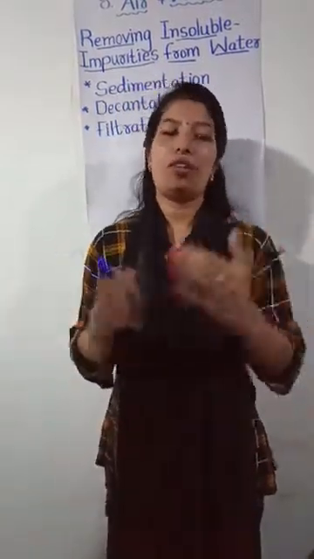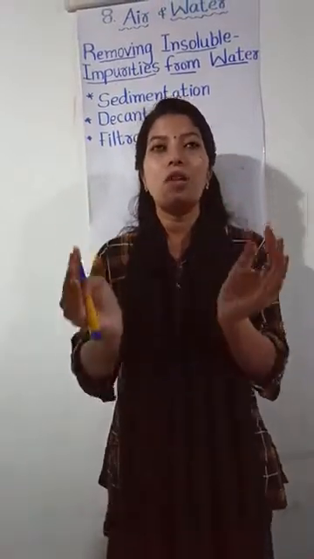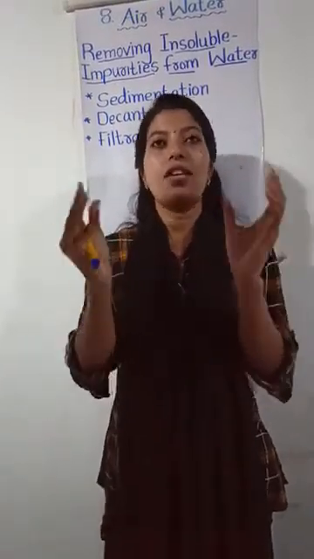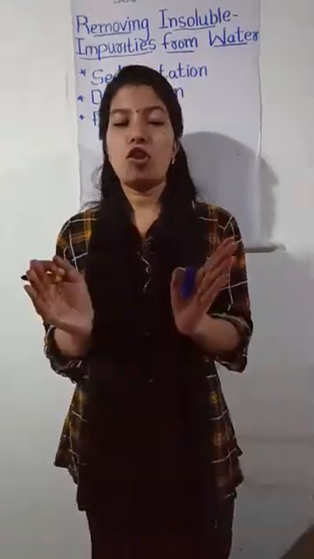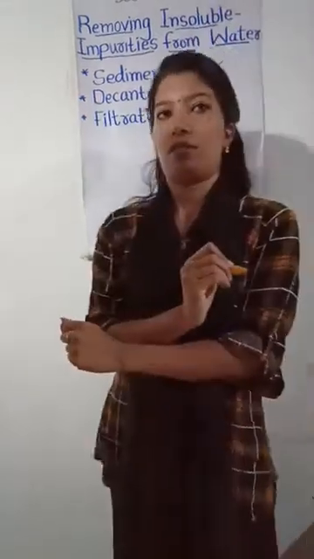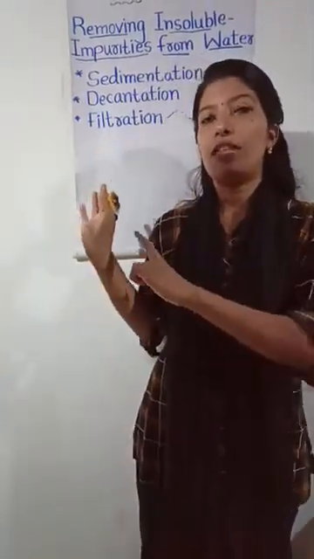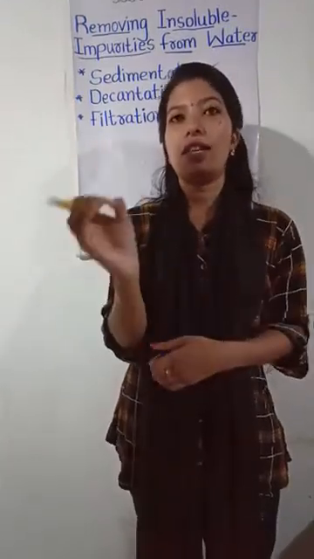Insoluble impurities are the ones that do not dissolve in water, for example, sand. Insoluble impurities such as sand can be separated by two physical processes, sedimentation and filtration. These are the physical processes by which we can purify the water. Let us discuss these processes in detail.